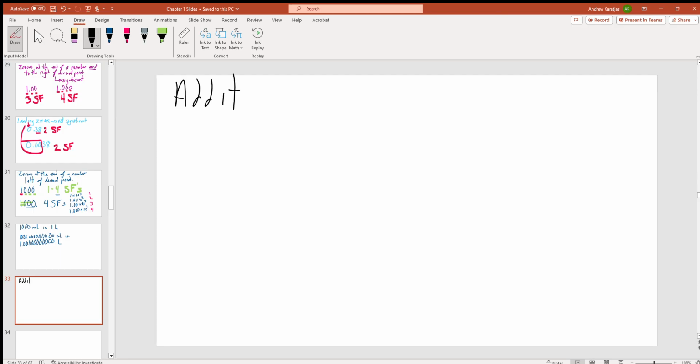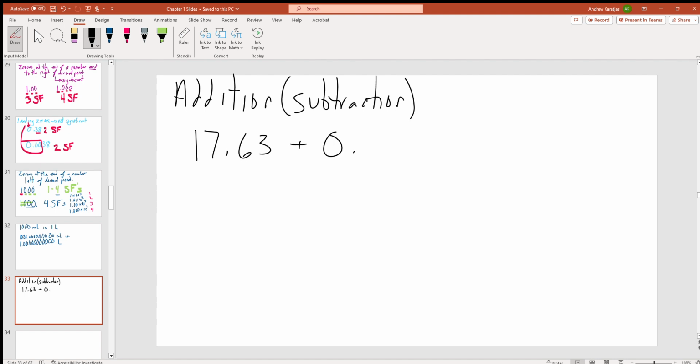Starting with addition and subtraction, say we're adding 17.63 plus 0.00111. I haven't put any units on these, but it doesn't matter as long as the 2 units are the same. So let's add those.